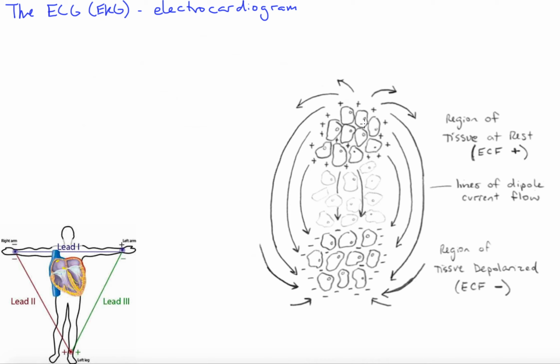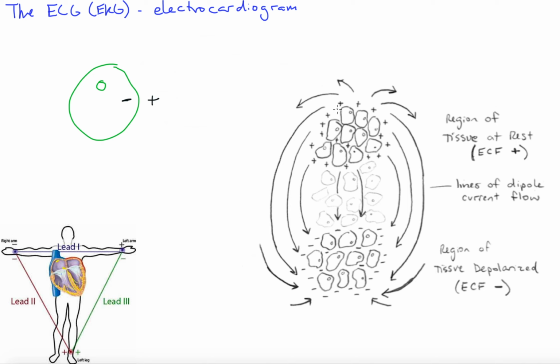Notice I have the cells in one area at rest. Let me redraw it. At rest, here's a cell, and it is negative on the inside and positive on the outside. That is our normal resting membrane potential, negative on the inside.